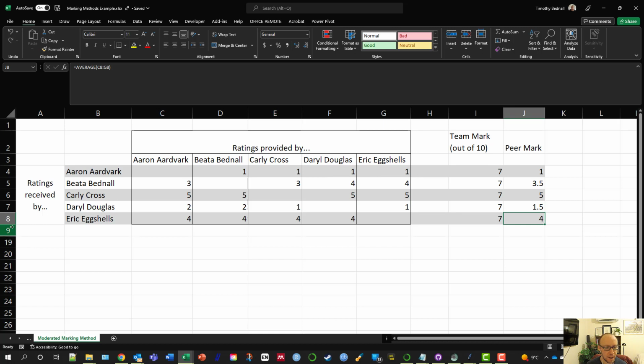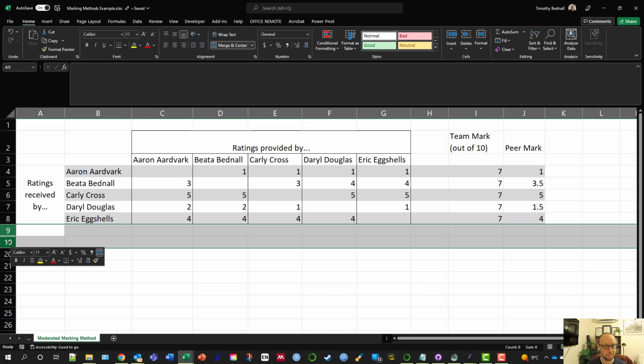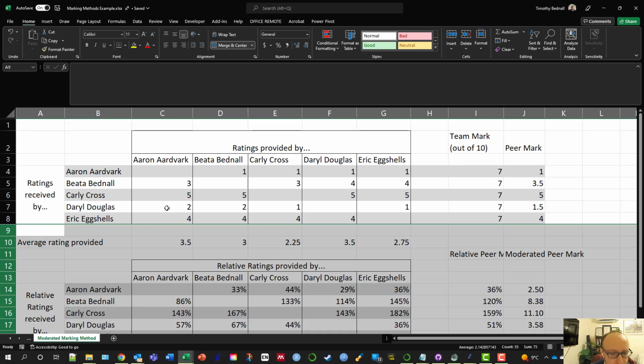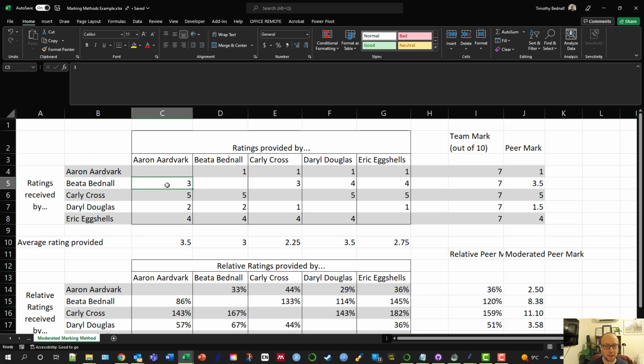Now, the moderated marking method is a little bit more complicated, and here's how it works. The moderated method scores people based on the relative rating that they received from their other peer members. Let me explain what I mean by this. If we look down the columns, we can take the average rating given by each team member.